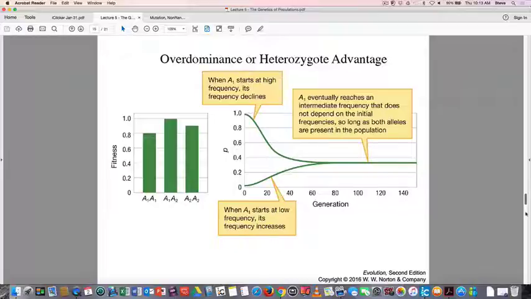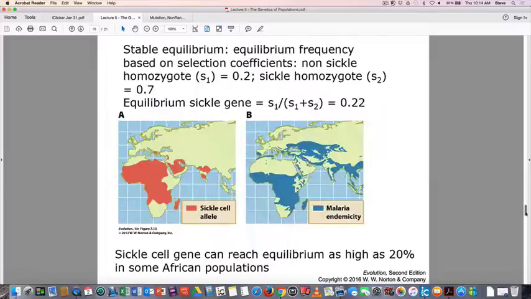And we're going to show you another example called frequency-dependent selection that has the exact same outcome in that it maintains both alleles, or maintains what's called a polymorphism. So one of the classic examples of this in terms of a stable equilibrium is the sickle cell gene. It's a huge health issue in Africa and African American populations, and is a really, really debilitating disease with huge health consequences, and it's something that a lot of people are very interested in.